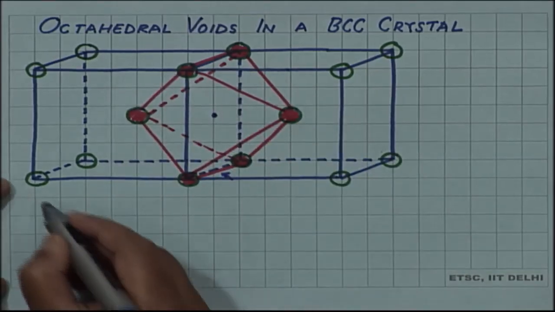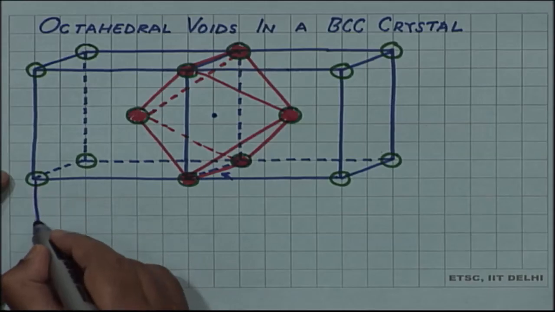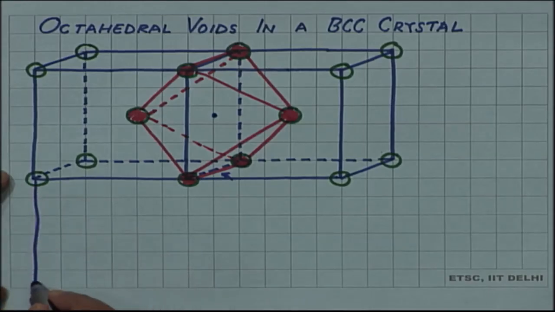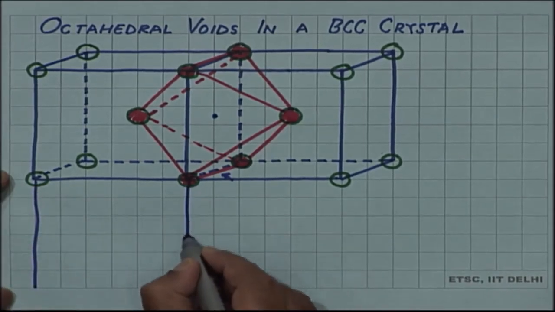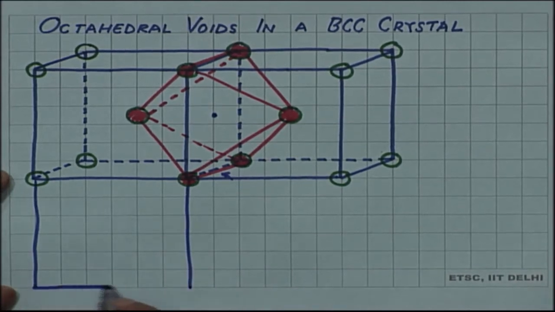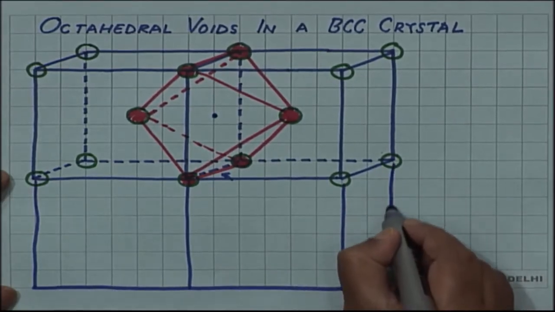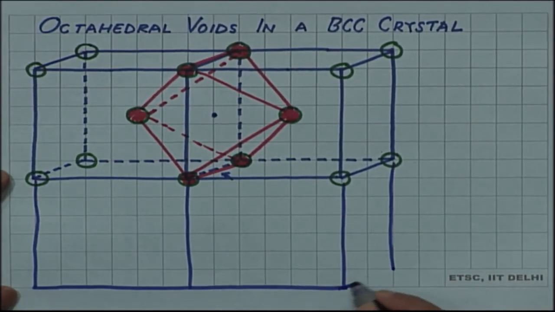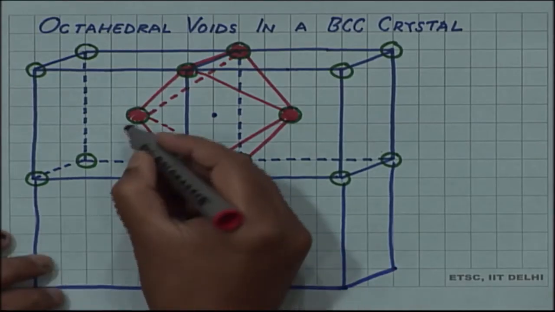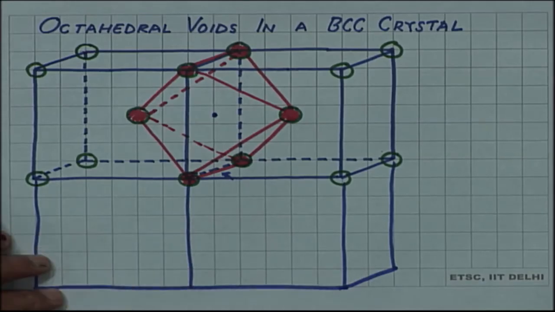2 cubes below also. Let me try to add them quickly. So, there will be 2 cubes below also, and there will be body centers of these cubes.